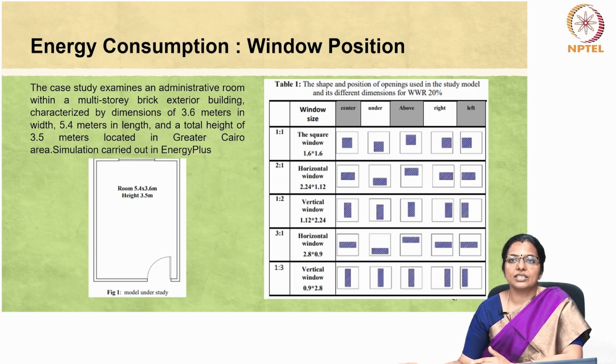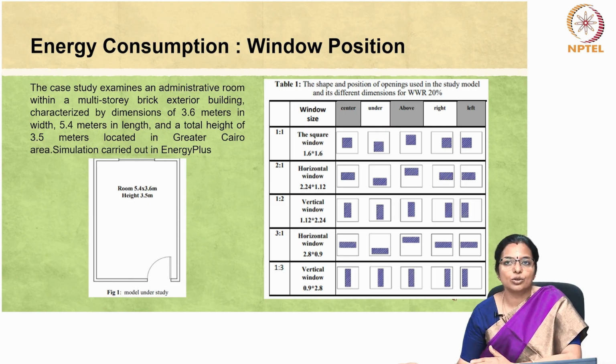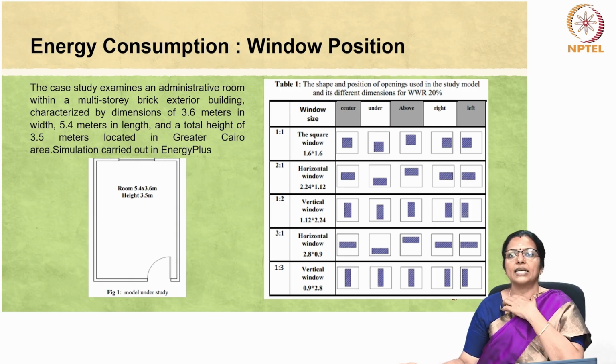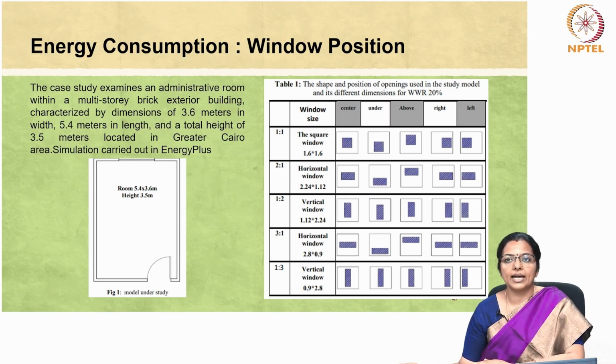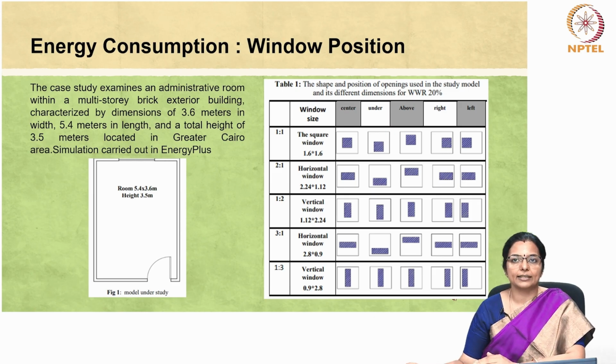Additionally, research suggests that window to wall ratios around 20% notably enhance the effectiveness of window openings in facilitating natural lighting and ventilation. These findings underscore the importance of strategic window placement and sizing in optimizing natural light penetration and airflow within indoor spaces, thereby promoting occupant comfort and energy efficiency in buildings.